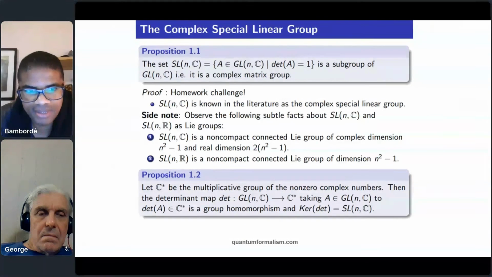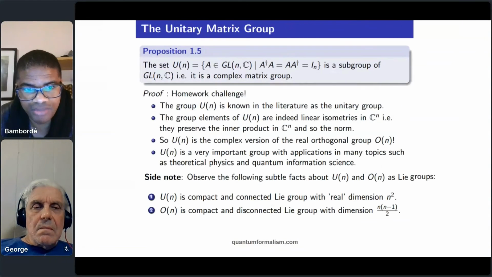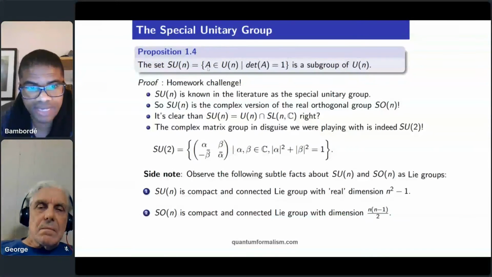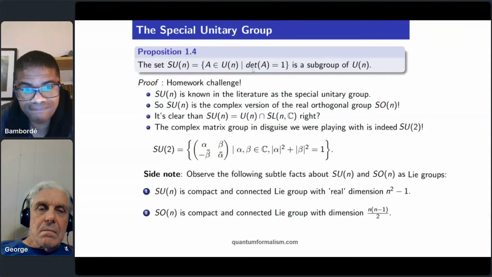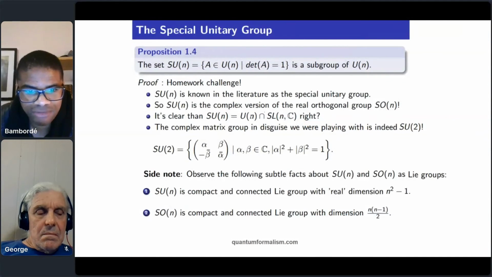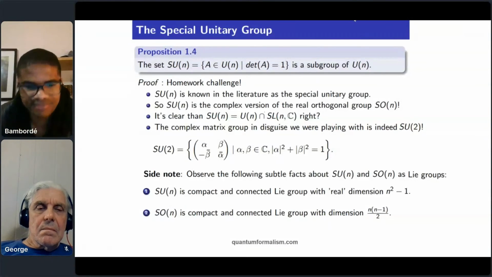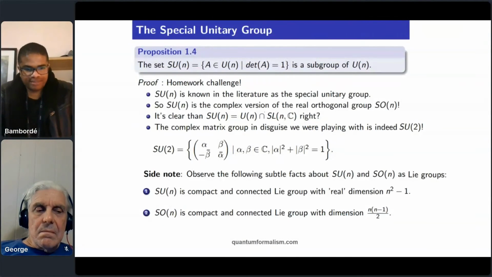So here's the definition of the special linear group, right? It is the set of all invertible complex n by n matrices with determinant 1. Let's go back here. And here we are saying the set of all unitary matrices with determinant 1. So clearly, the elements of this have to live in both, in their intersection, right?